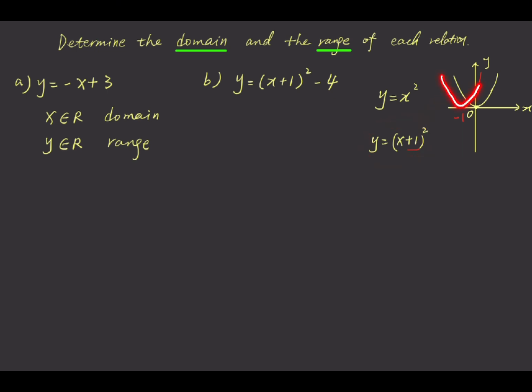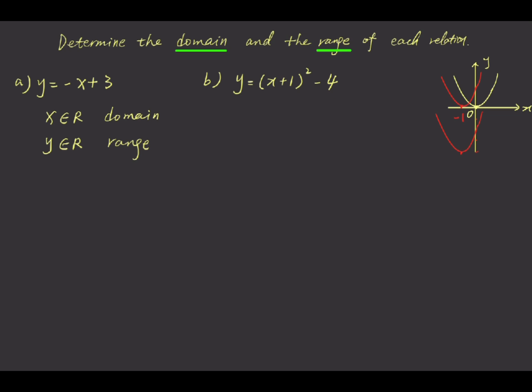On the basis of this graph, we need to translate the whole graph downwards by 4 units. So the vertex should be here, 1, 2, 3, 4. It should be here. This is the new graph for this expression.